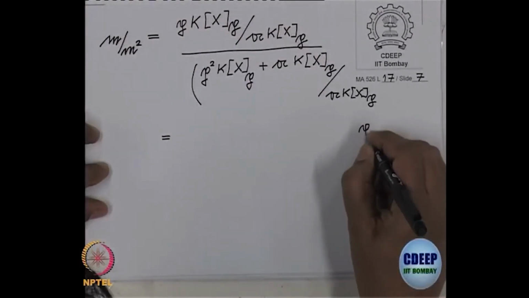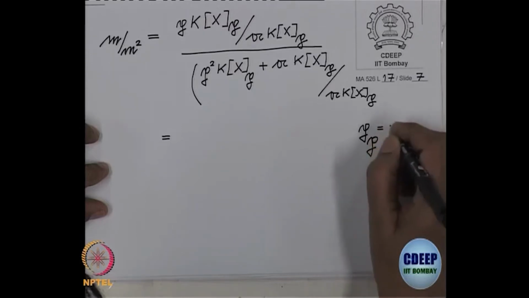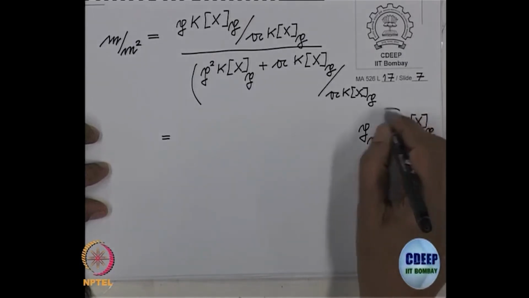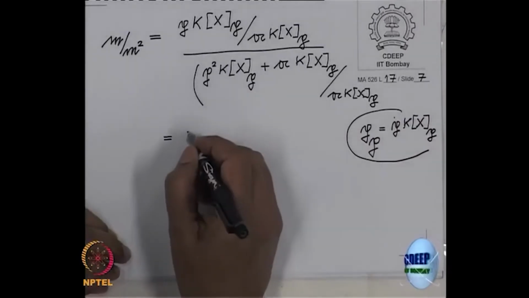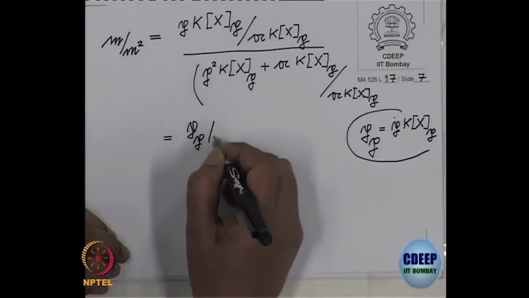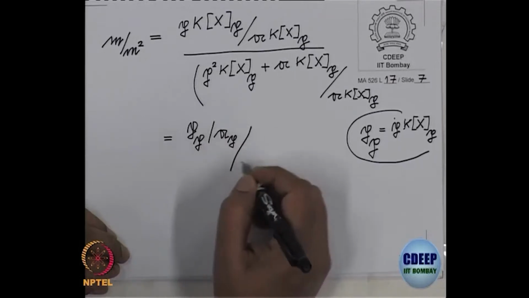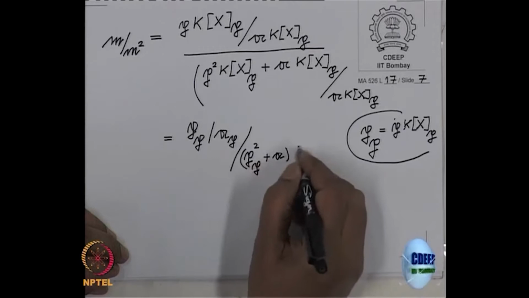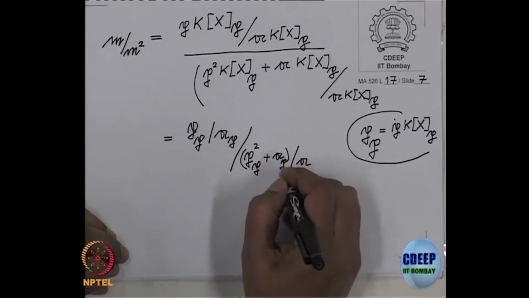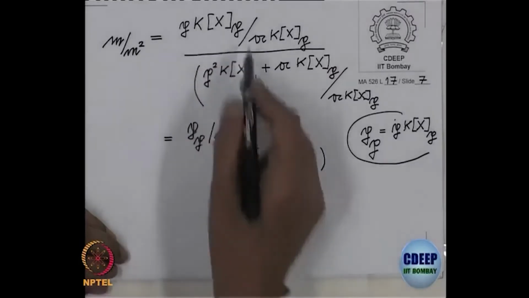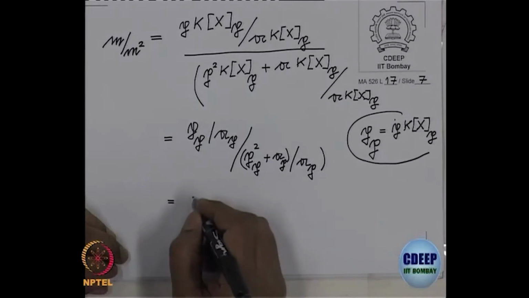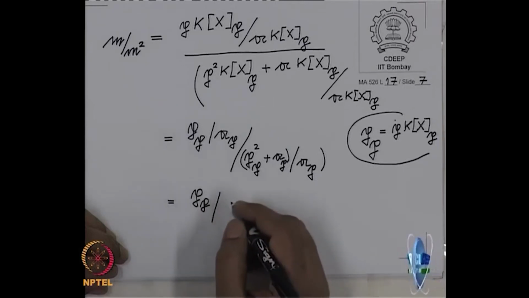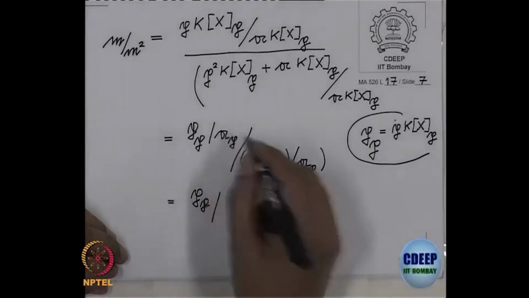I will write the short form as P with suffix P, this is P k[x] localized at P. If you use this short form, then this is nothing but P mod AP, and then you are going mod P square_P plus A and mod A, this is also suffix P. I just copied it in this notation, but this is the same as P mod, so this will go away.